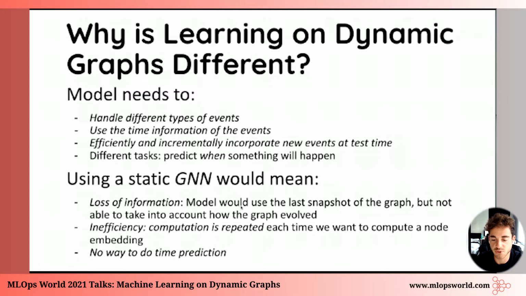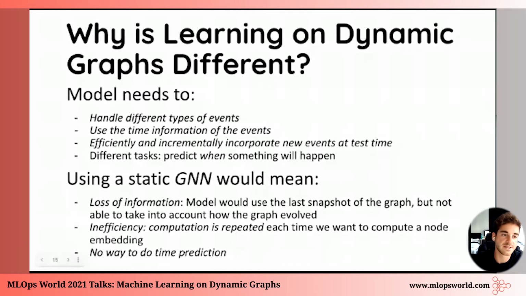So we need to take a snapshot of our graph, but this would mean losing information about how the graph evolved and got to that point. It would also be inefficient, since we would repeat a lot of computation each time something changes. And we would have no way to predict when something will happen, so no time prediction.